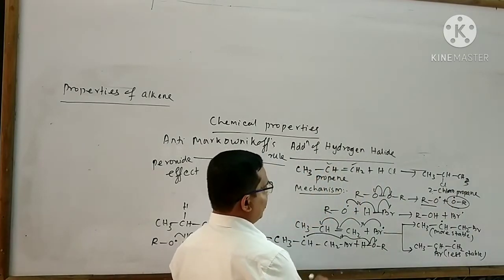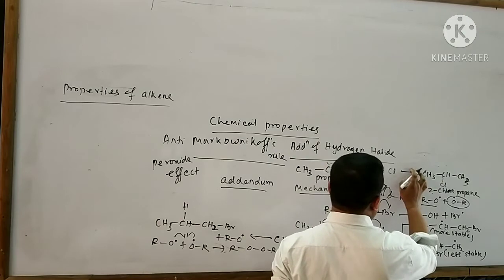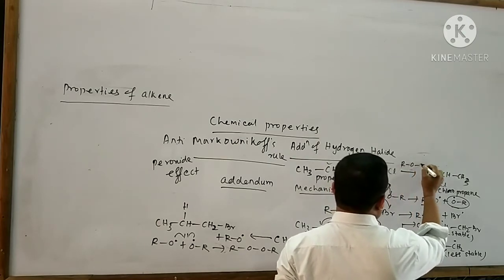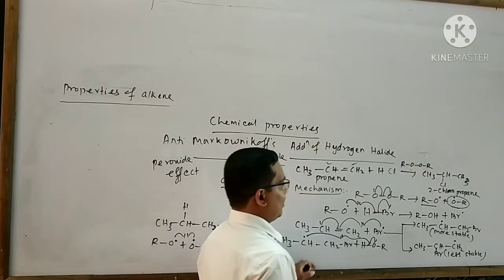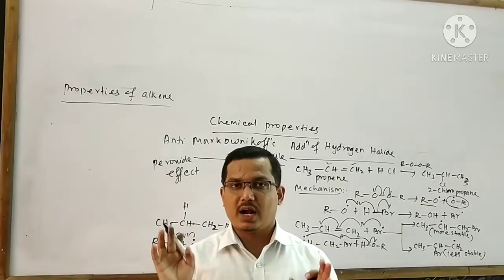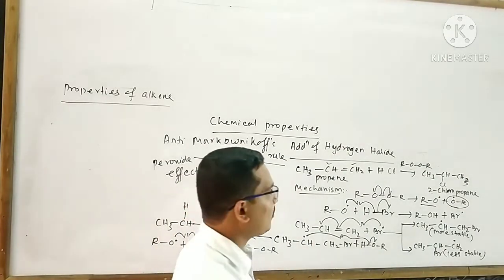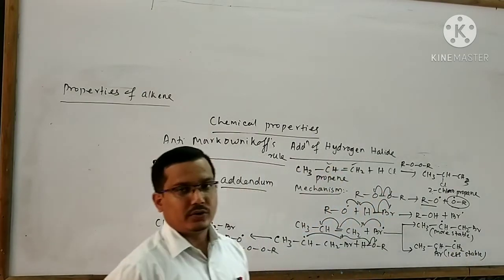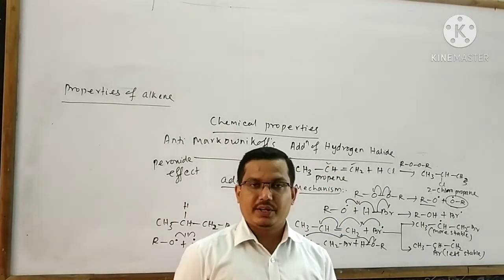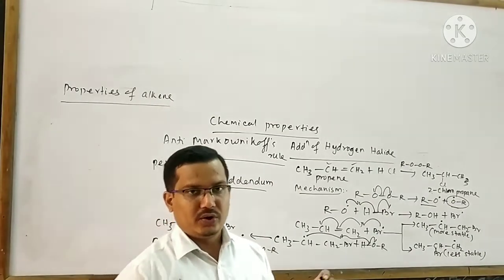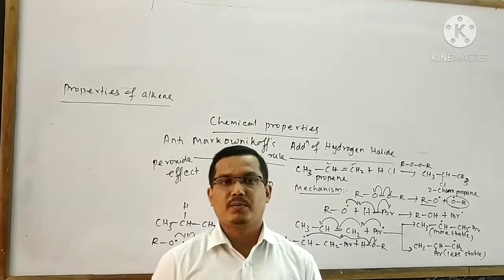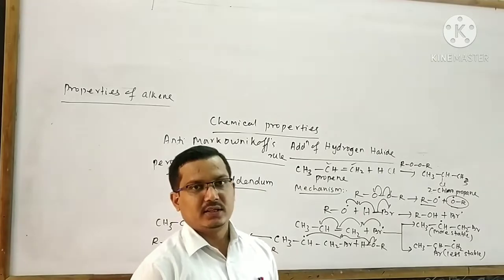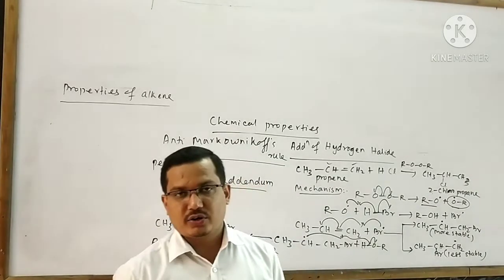But if propene is subjected to reaction with HCl in the presence of organic peroxide, then this reaction does not follow the anti-Markovnikov's rule. Like HCl, HF and HI also do not obey the anti-Markovnikov's rule. Only HBr in the presence of organic peroxide obeys the anti-Markovnikov's rule.